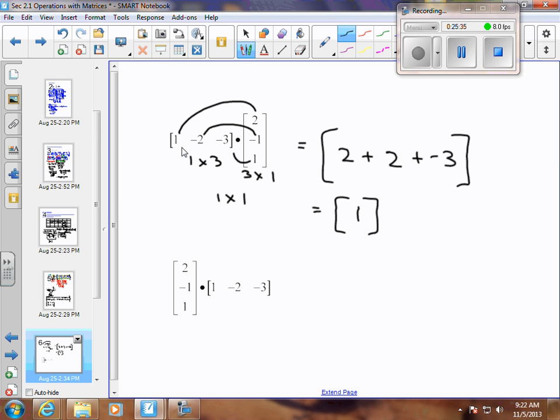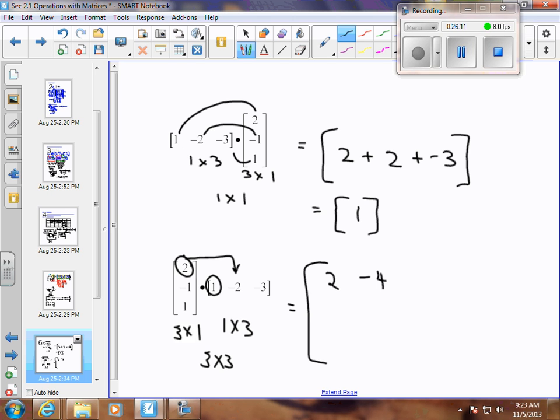The last matrix, I have a matrix with 3 rows, 1 column, and a matrix with 1 row, 3 columns. So this one should be a 3 by 3. I will get the first row by multiplying the first row by the first column. I get the second element on the first row multiplying the first row by the second column.